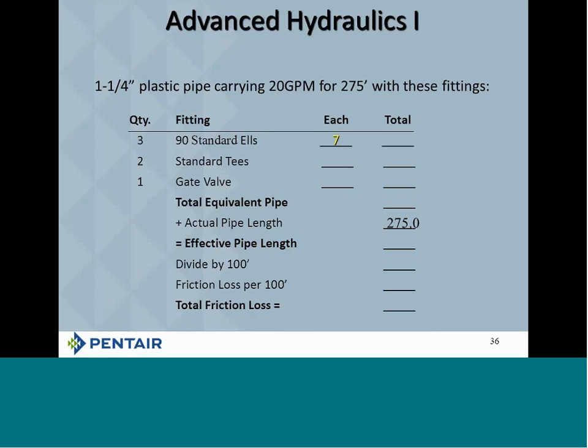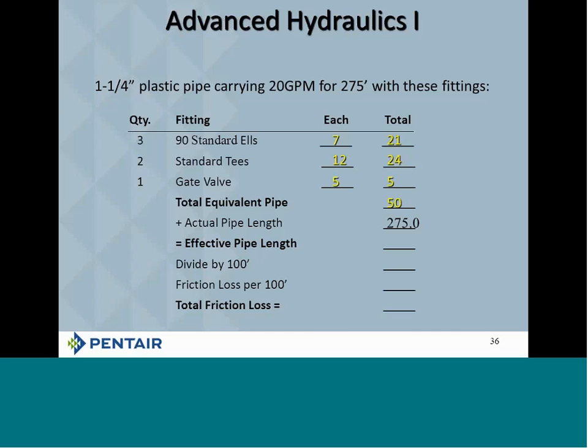We said that each elbow was 7, so 3 of them are going to equal 21. 2 standard T's. A standard T was equal to 12. 2 of them are going to be equal to 24. All right? A gate valve is equal to about 5 feet. There is only one, so that's going to be 5 feet.